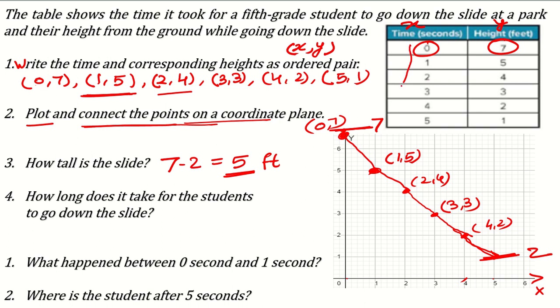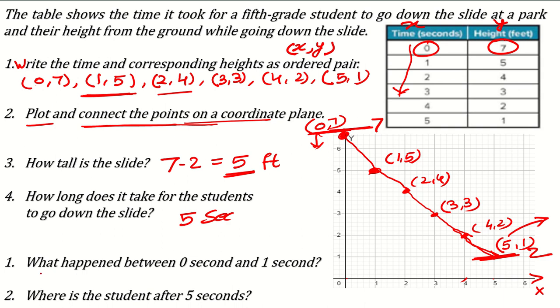Time in seconds is given here. You start from here, so this is 0 seconds. Then if you reach here, what was the coordinate? It was 5, 1. Yes. So it takes 5 seconds, because the value of X is 0 here and the value of X is 5 here.